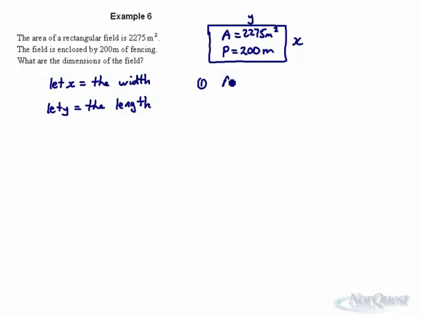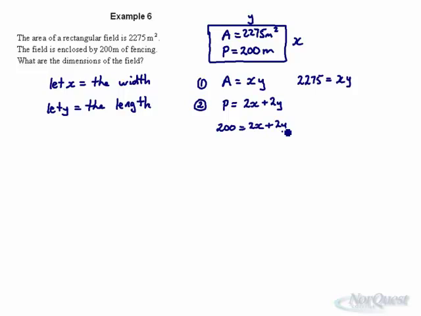We have a formula for area. Area of a rectangle will be x times y. We also have a formula for perimeter. Perimeter is going to equal 2x plus 2y. We know what these numbers are equal to, so equation 1 gives us 2,275 equals x times y. Second one is 200 equals 2x plus 2y.